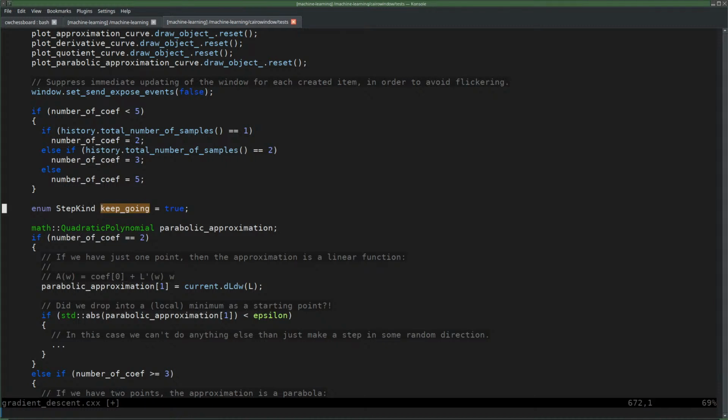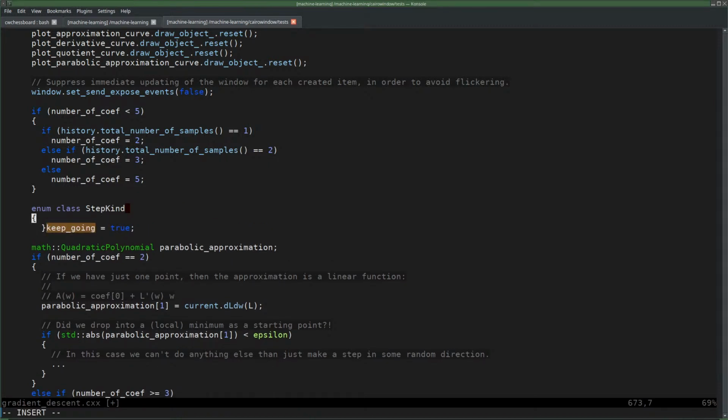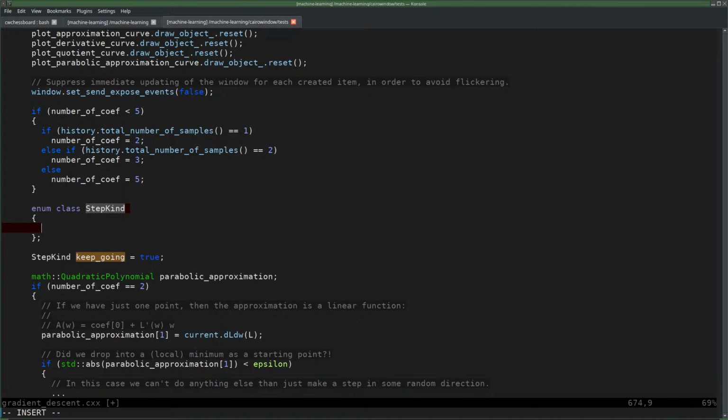Let me get the class. Enum class step kind. And then we have the following possibilities.